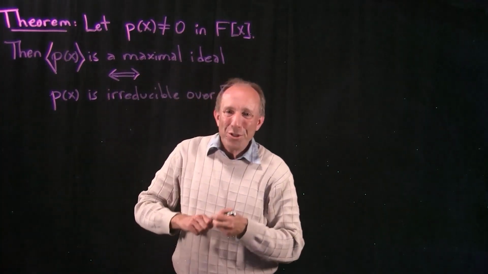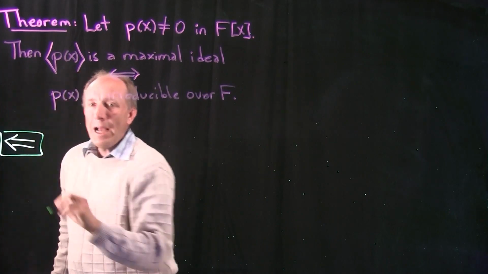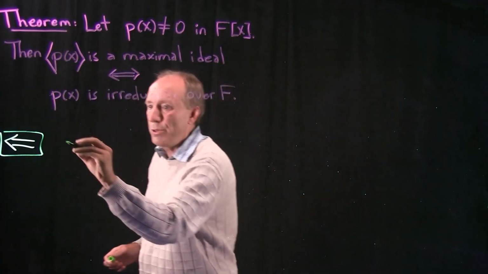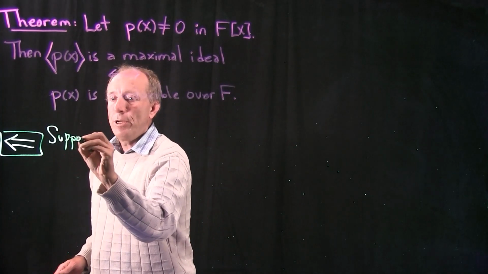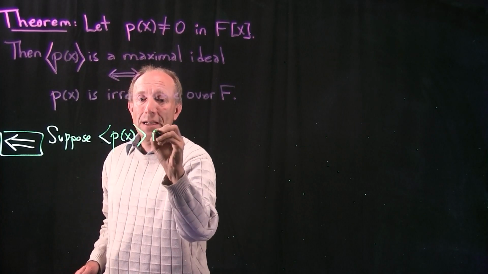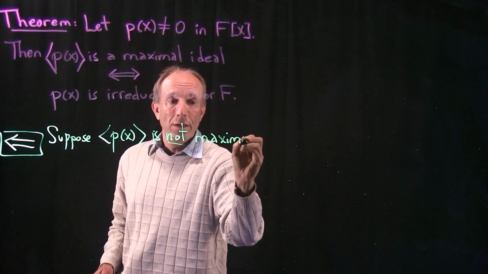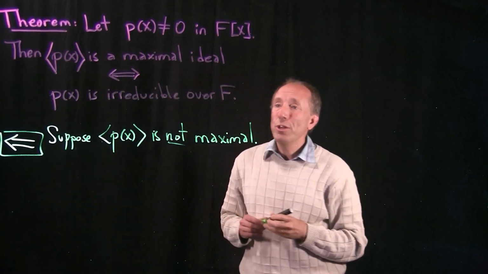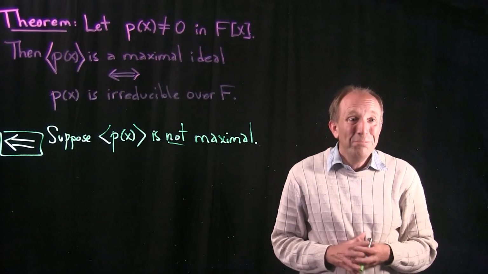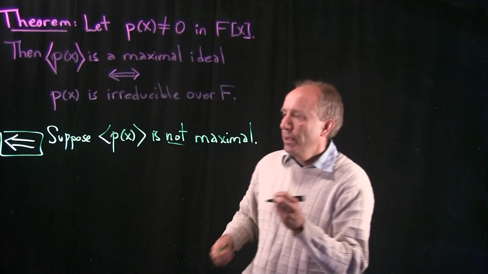To prove the reverse implication, I am also going to do this by contrapositive. I'm going to suppose that the principal ideal generated by p of x is not maximal, and I am going to try to show that therefore p of x is reducible, that I can factor it into two smaller polynomials.